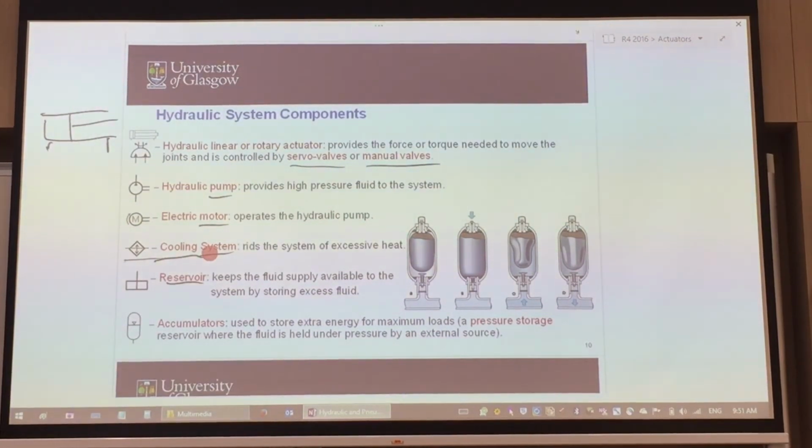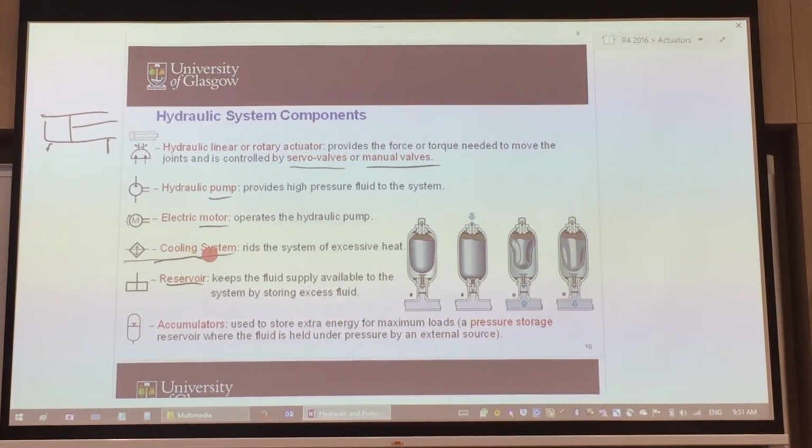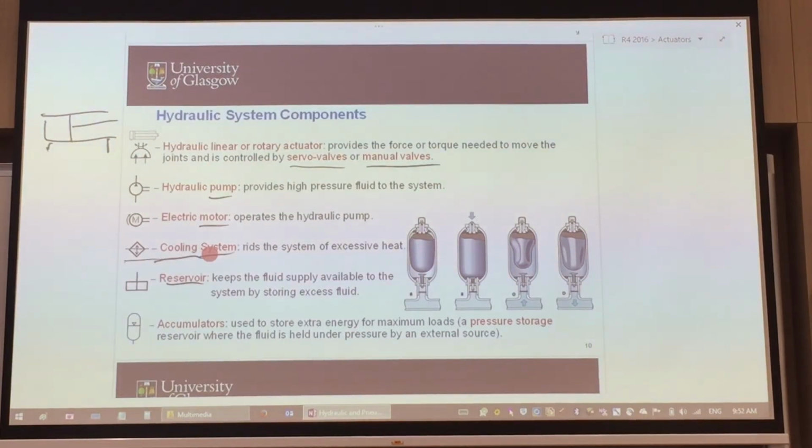For the hydraulic system, the oil will actually get heated up when it's actuated, because there's a tremendous amount of pressure used in order to do the weight lifting. That amount of pressure and actuation would heat up your hydraulic fluid rapidly. And we really would need a cooling system in between to cool down that fluid before it goes back to the reservoir. That's why we need this cooling system.